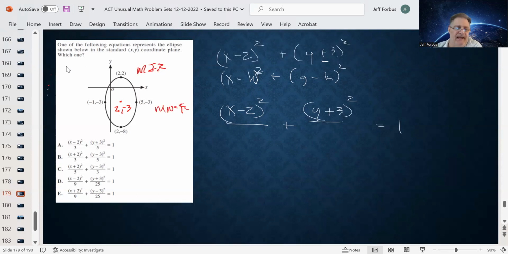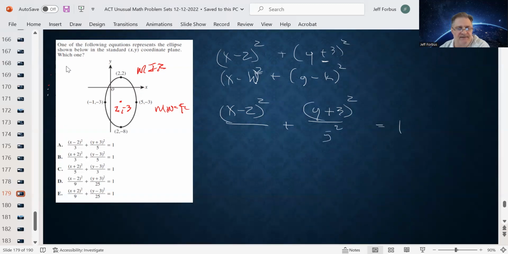Now, if we count from the center on our y values up to the point 2, 2, we're going to go 3 plus another 2. That's a total of 5. That's along the y-axis. So that's going to give us a 5 squared.